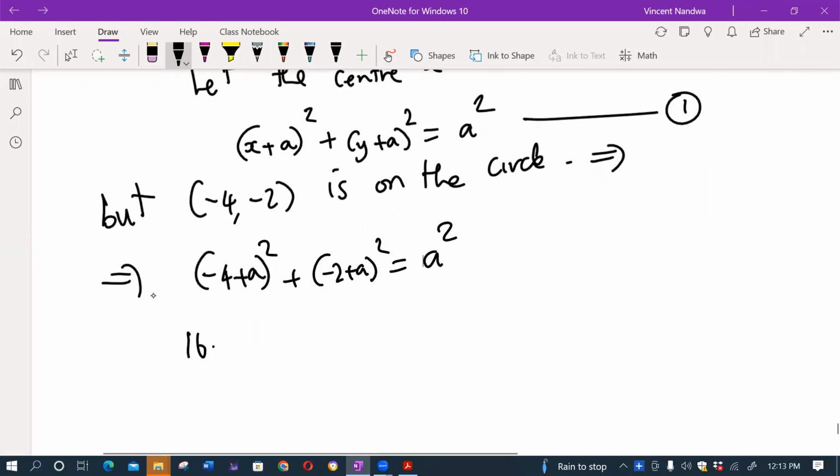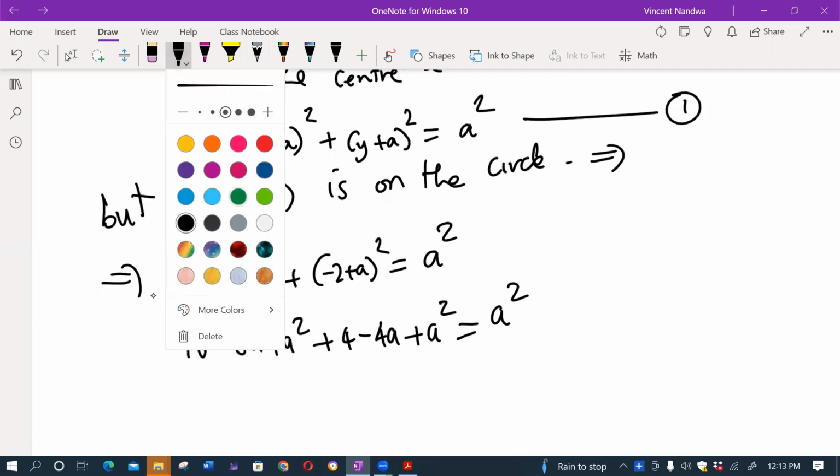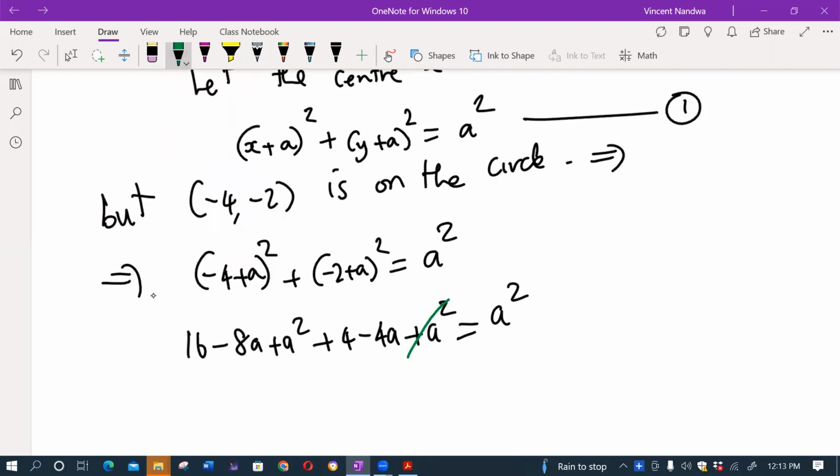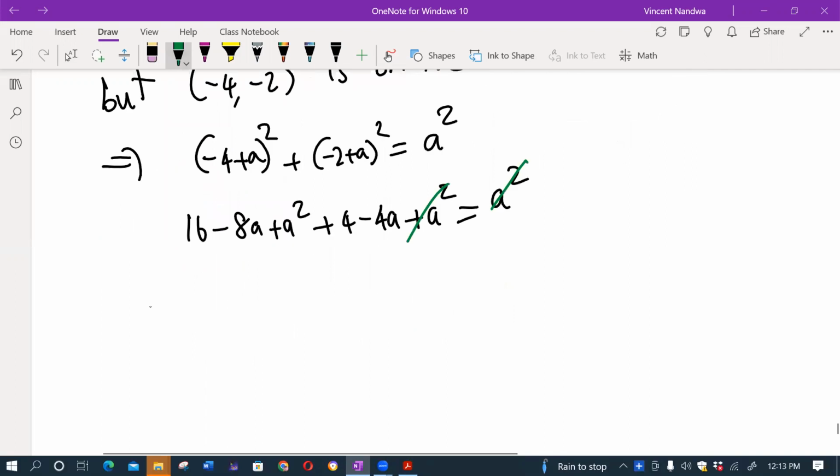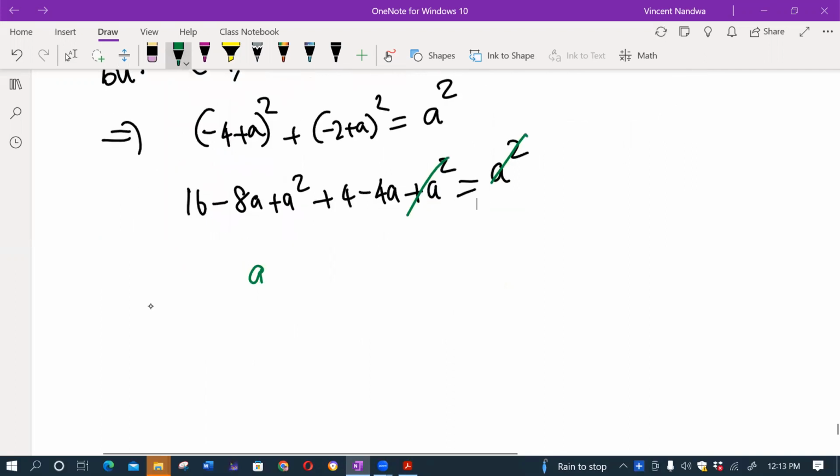This will be 16 minus 8A plus A squared plus 4 minus 4A plus A squared equals A squared. So this and this cancel out. So A squared minus 8A minus 4A is minus 12A, 16 plus 4 is 20, equals 0.